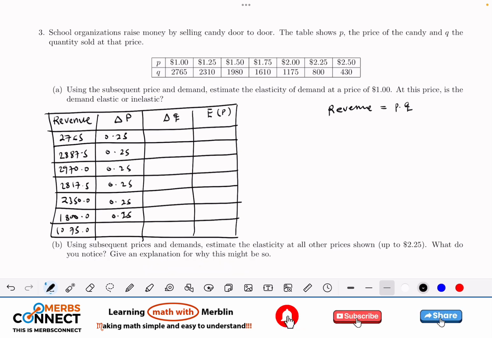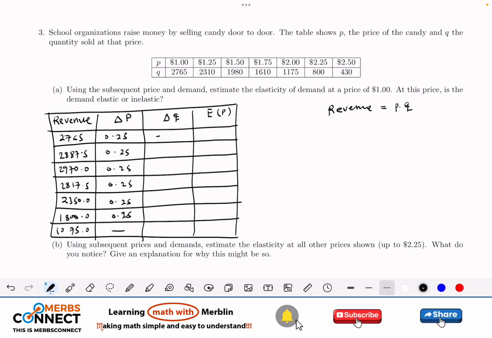Here we are not going to have anything, because when you get here, we don't have any information. We don't know the next price, so we can't do the subtraction, right? Now change in quantity is going to be this minus this, this minus that, and so on. So what are we going to get? I'll fill the table.